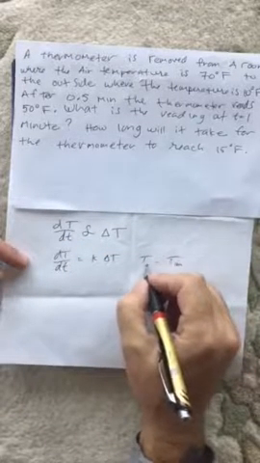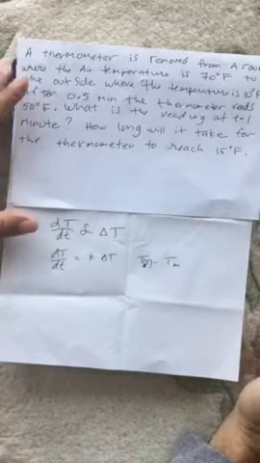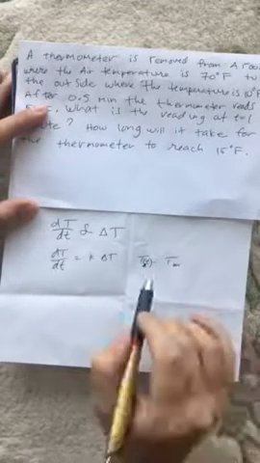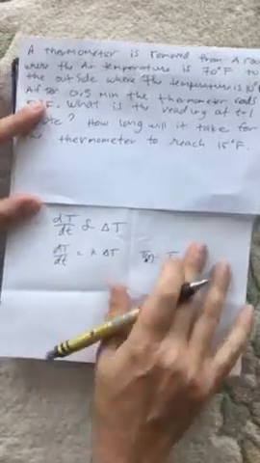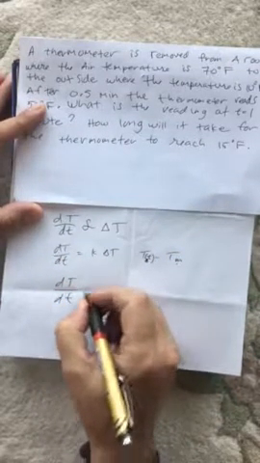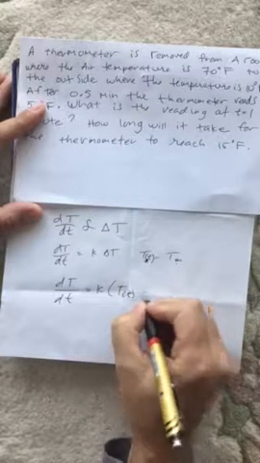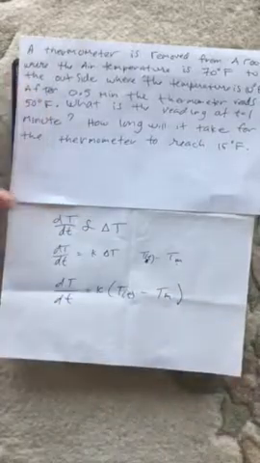And we'll just leave this as T. T is a function of t. So this changes, right? This changes. So, here, let me write this better. So we have dT/dt equals k(T minus Tm).